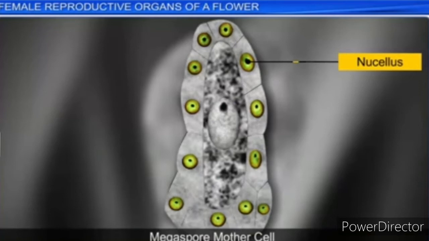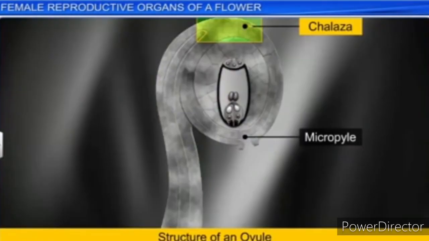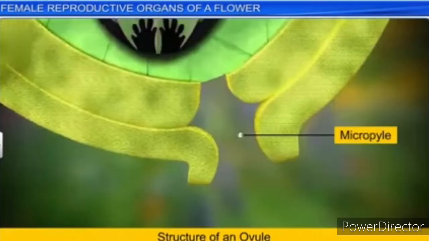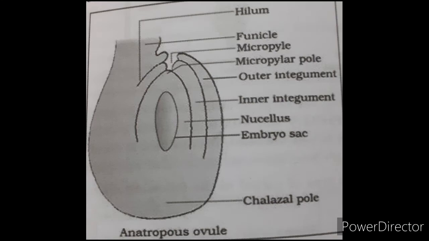Then the chalazal region, the basal portion of the nucellus where the integuments arise, and the micropylar region, the small opening at the tip of the integuments. Funicle, hilum, integuments, nucellus, embryo sac, chalazal region and micropylar region.